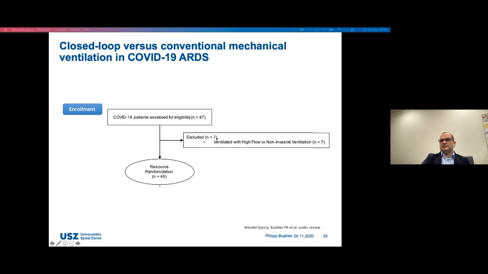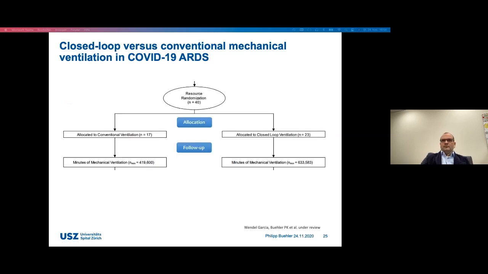We had to exclude 7 patients because they were ventilated with high flow and non-invasive ventilation. All invasively ventilated patients were randomized to either the conventional ventilation group or the closed loop ventilation group. 17 patients were assigned to the conventional and 23 patients to the closed loop ventilation. All ventilation data were evaluated minute by minute.